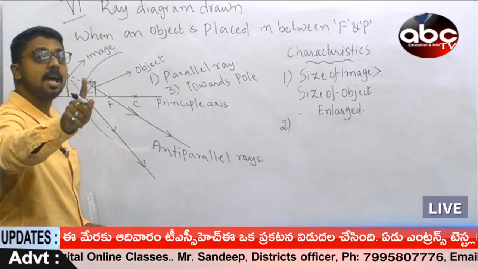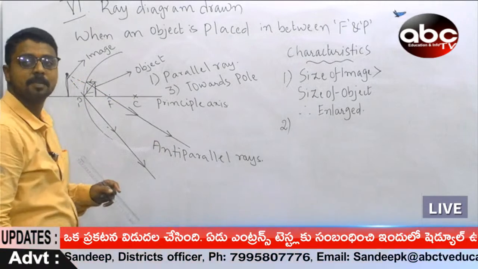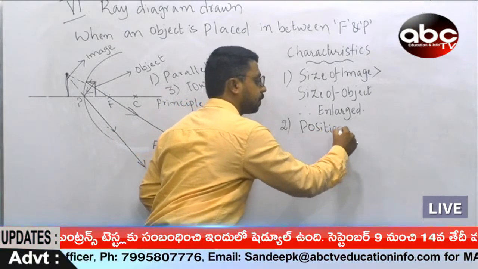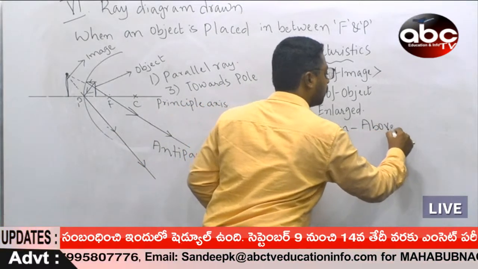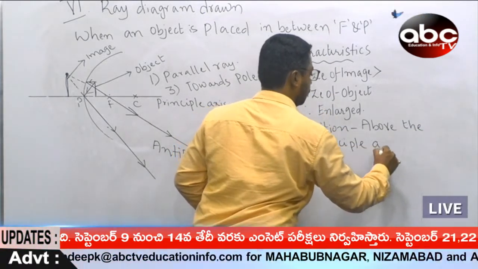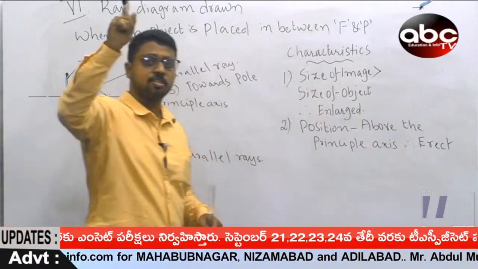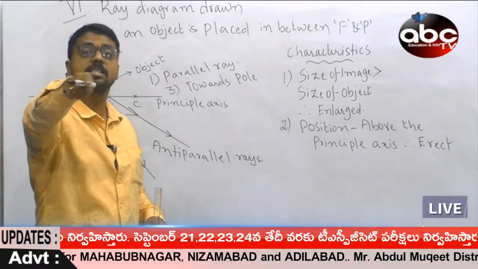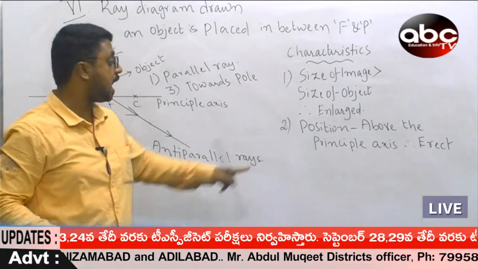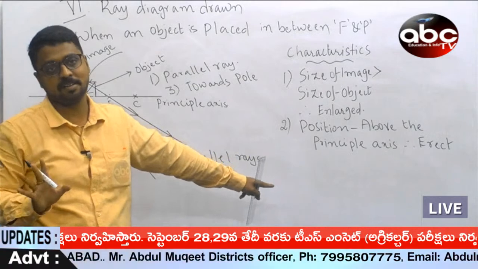But for the first time, record breaking, we got an image above the principal axis. Therefore it is erect. A straight image is obtained for the first time in these six diagrams. If you have learned the six diagrams, five are one way and one is different. Here we got an erect image, there we got inverted. That is the main concept.